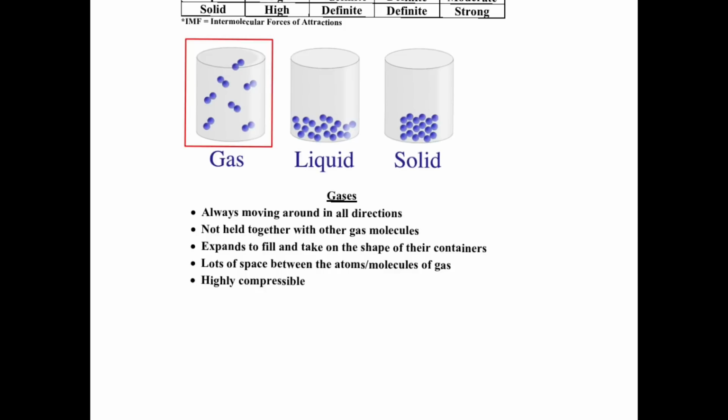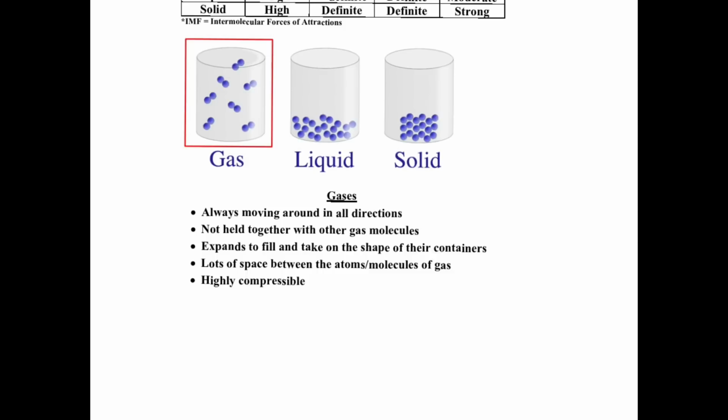So let's continue and talk more specifically about each of the phases. So in the case of gases, again, this should be relatively review for you, because you've had this in Chem 111 or whatever your version of college chemistry 1 is.